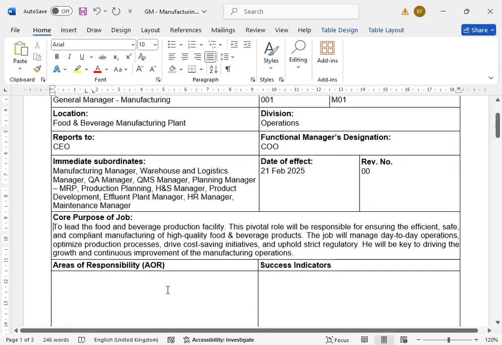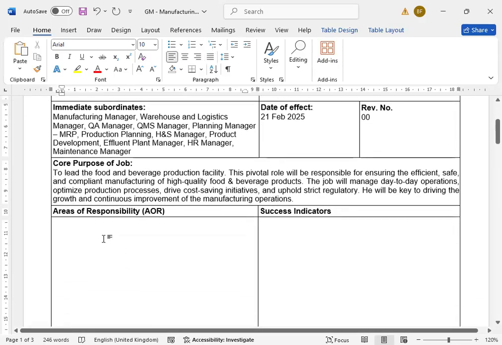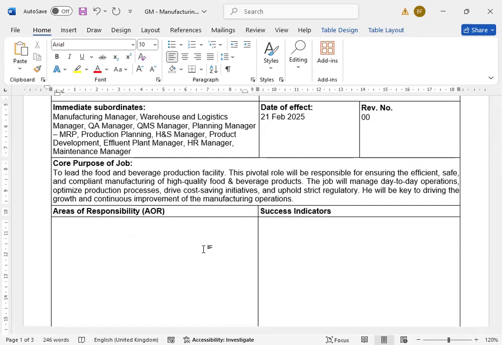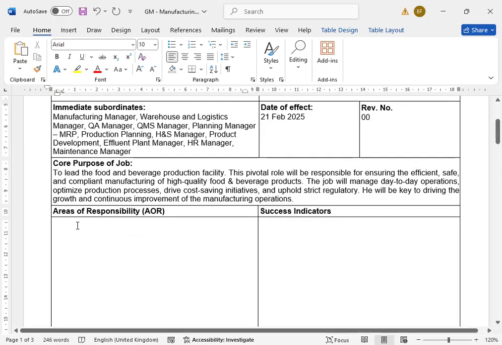Now, what I'm going to do next is the area of responsibility. This is the key responsibility of the person. I'm going to write at least six AORs, or areas of responsibility.